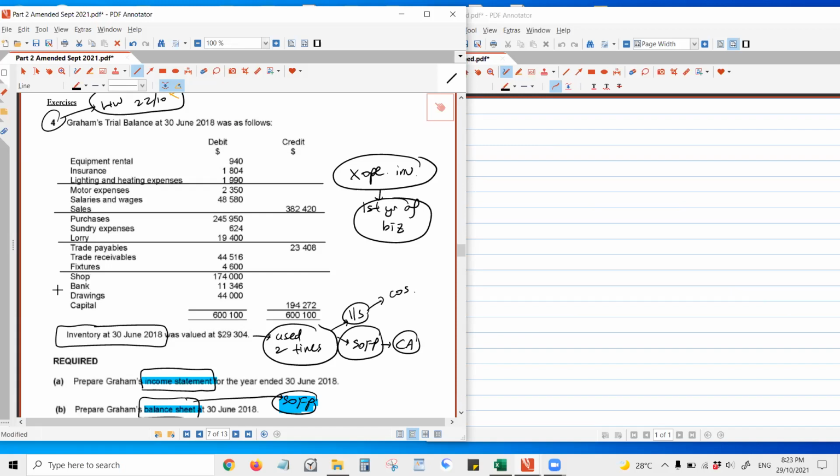So for safety purposes, draw lines like this. I have been through enough accounting exams to understand this is a very common mistake. Draw lines like this, it helps you out a lot. And then third rule is what? Third rule is classification.